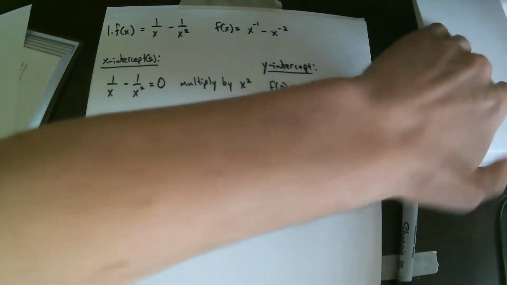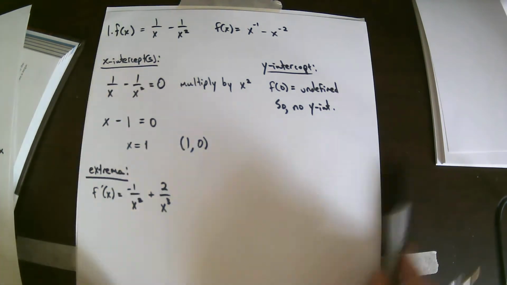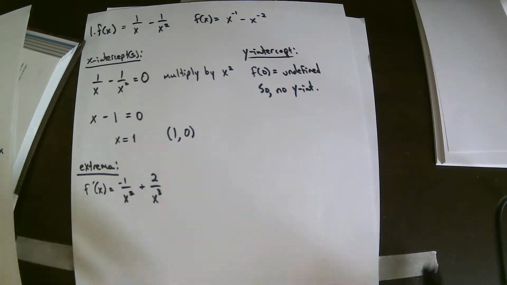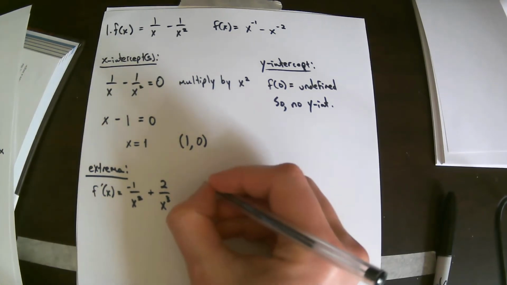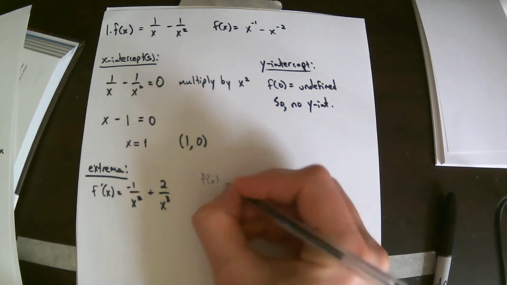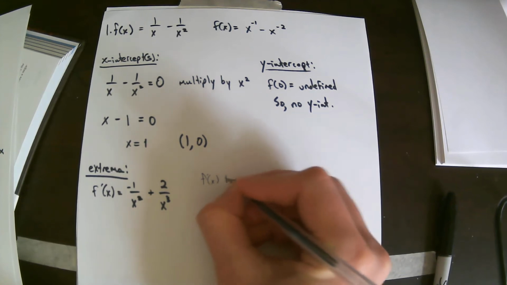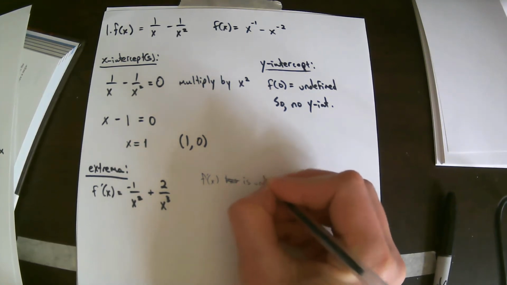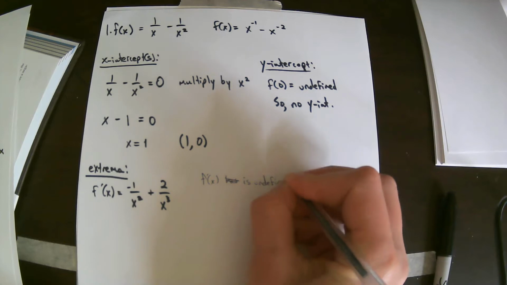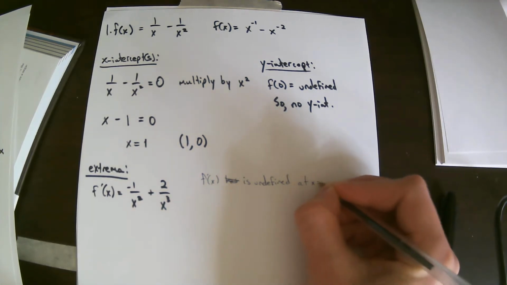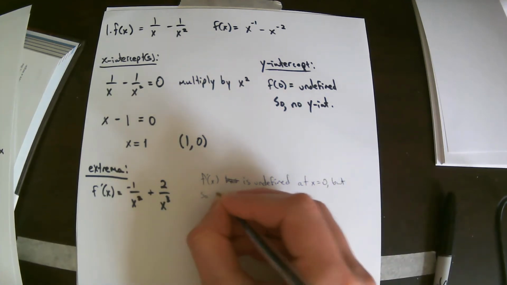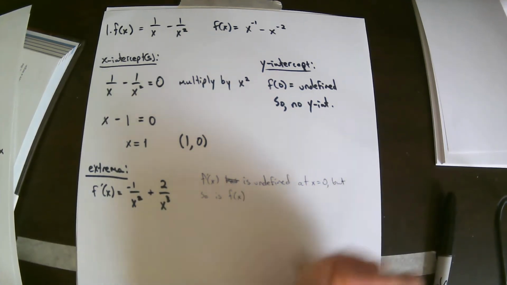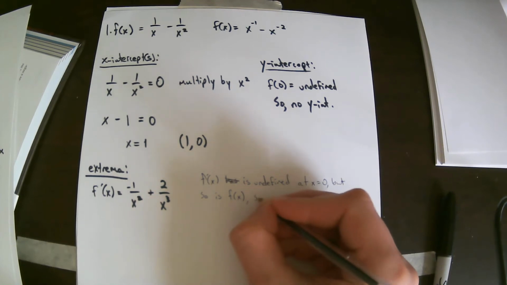It's a long statement, so I'm going to write it in pen. F prime of x is undefined at x equals 0, but so is f of x, the original function. What does that mean?